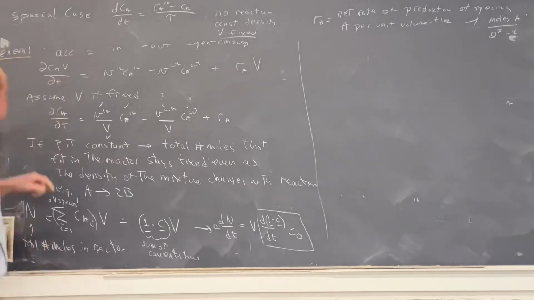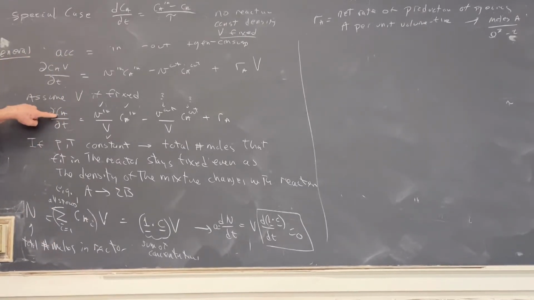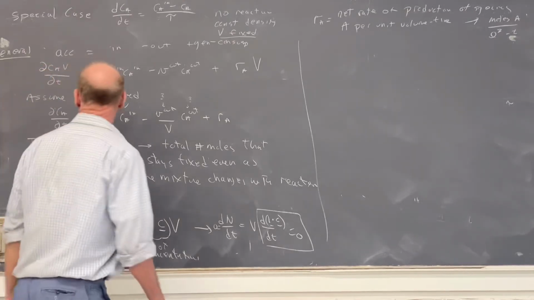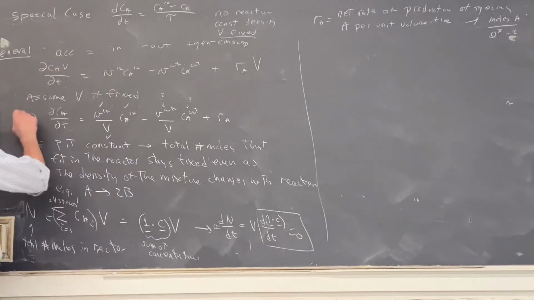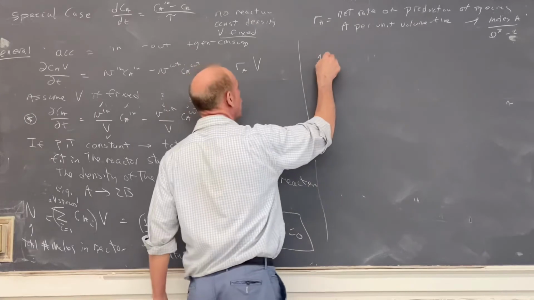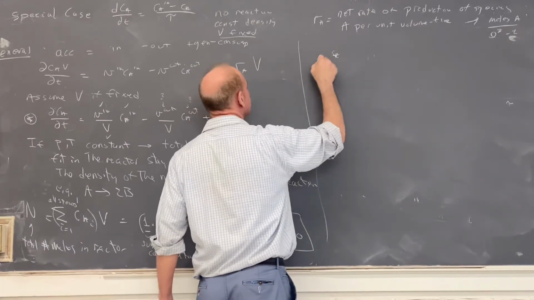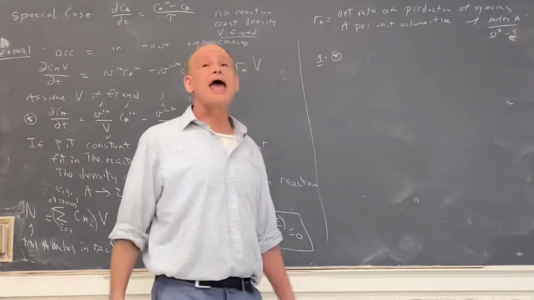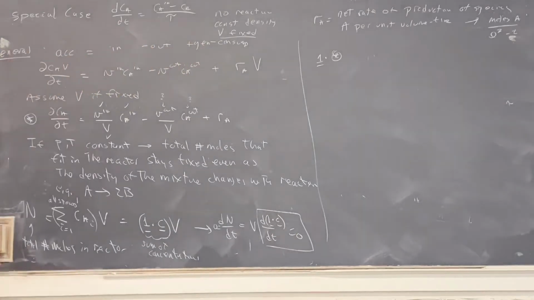So what this says is I need to take 1 dot this equation. This is equation star. So let's take 1 dot star. What that means is I'm going to add up this equation for all the A's, for A1, A2, A3.